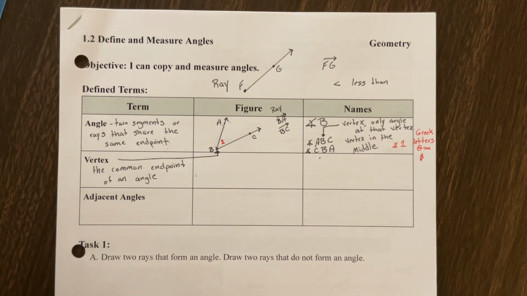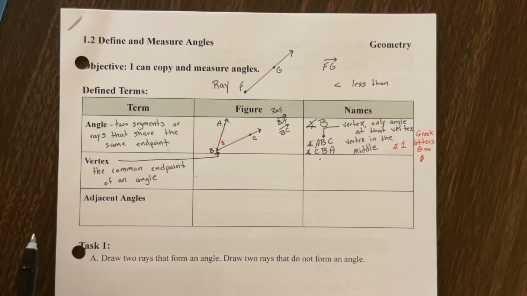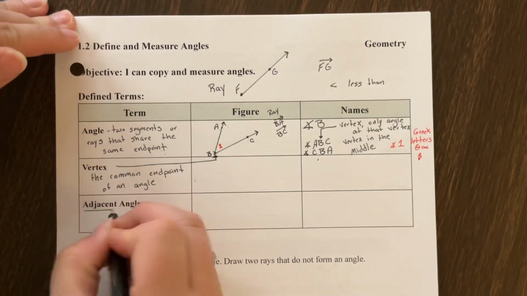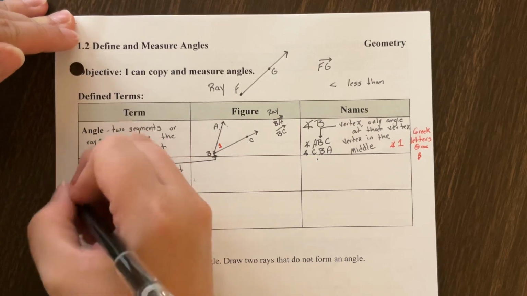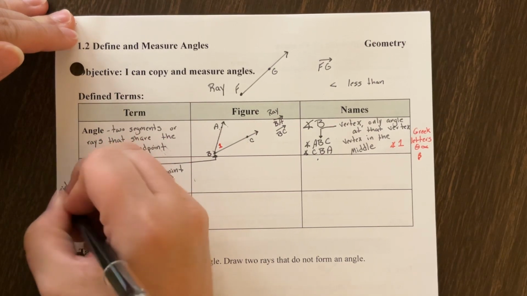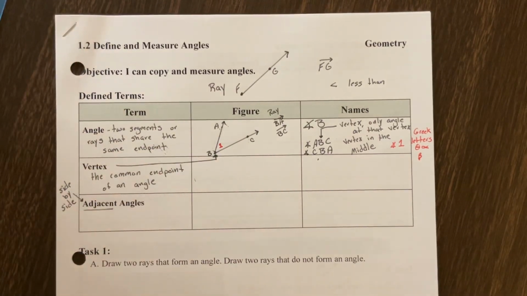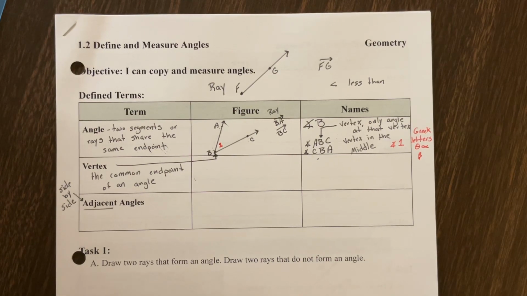Okay, our last is adjacent angles. Adjacent by definition means side by side. If you and your best friend rented adjacent apartments, your apartments would share a wall, or they would be like one right next to the other.